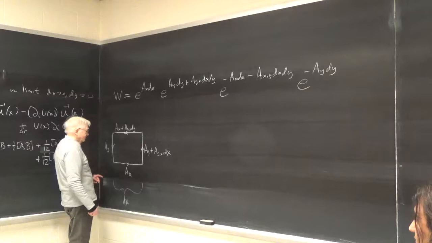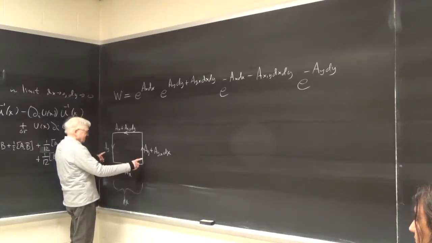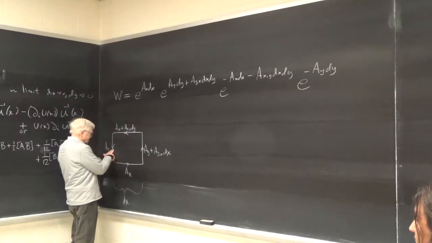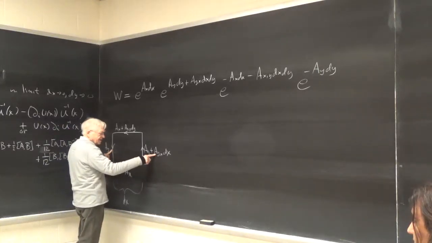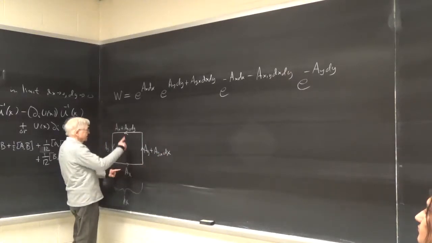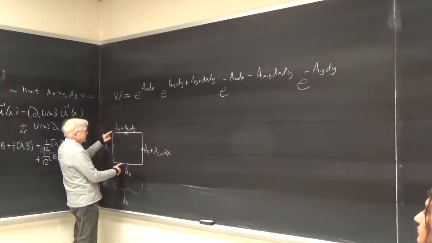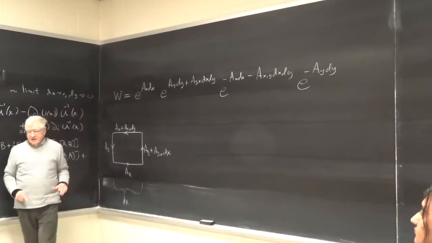So to do this one, I'm taking the field to be A here, and over here it's A plus the x derivative of A times dx, and up here it's A in the x direction, but up here it's that plus the y derivative times dy. Yeah, just adding dy and dx.